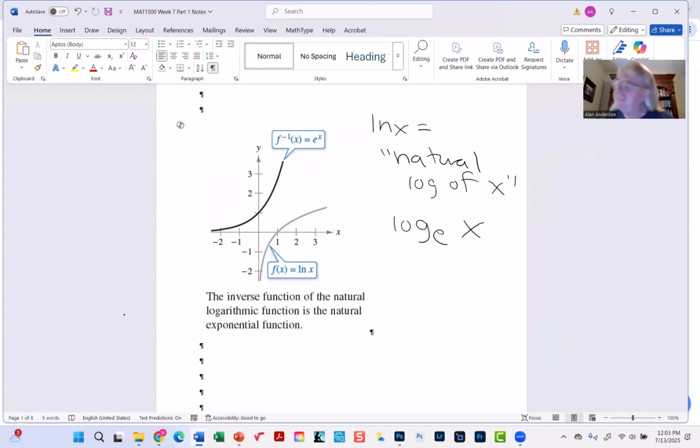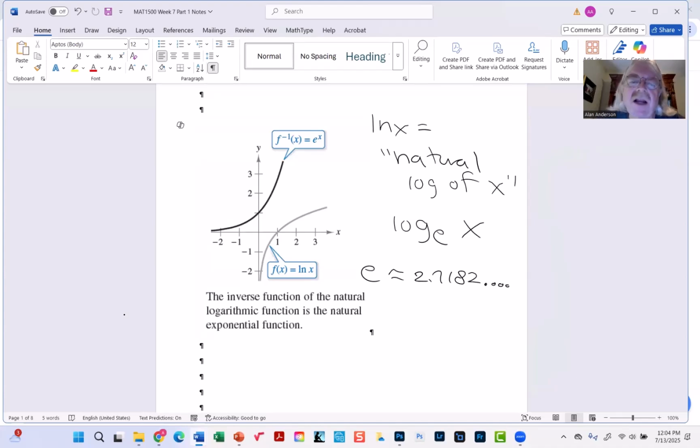Okay, so when the base is e, and remember e is a constant, which is approximately equal to 2.7828, that base is known as the natural log. So therefore, it stands to reason that if f of x is the natural log of x, its inverse would have to be e to the x.